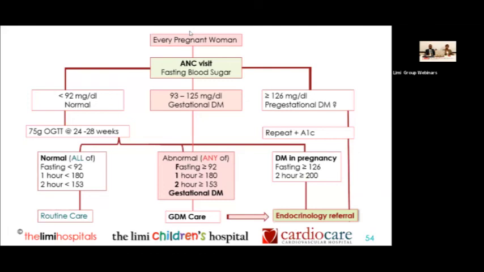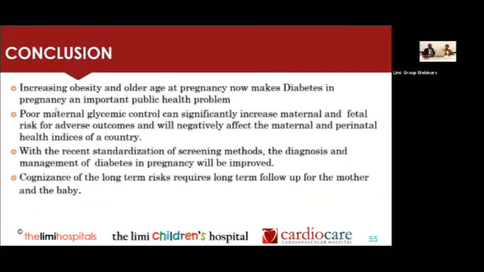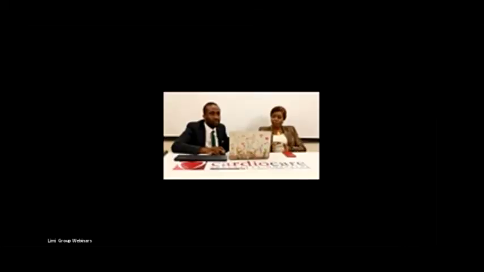Conclusively, the increasing obesity and older age in pregnancy now make the discussion on diabetes in pregnancy an important public health problem. We must always focus on glycemic control, because poor maternal glycemic control can significantly increase maternal and fetal risk in pregnancy, and also adverse outcomes. This has a negative effect on both mother and child, as we said earlier.